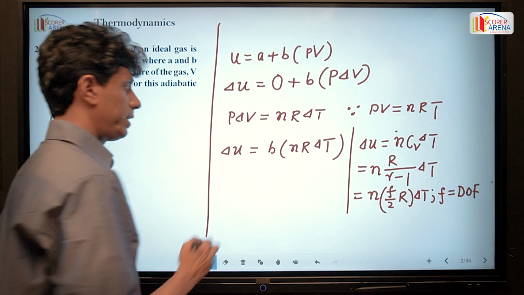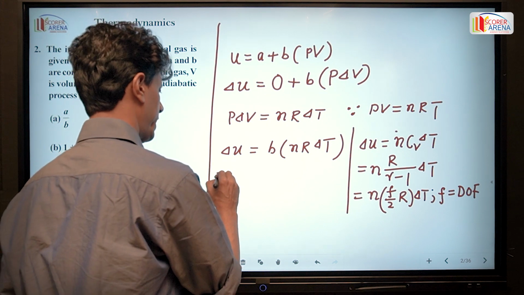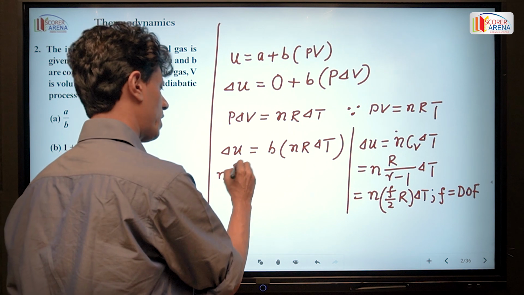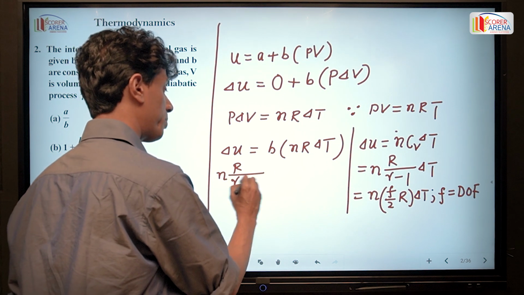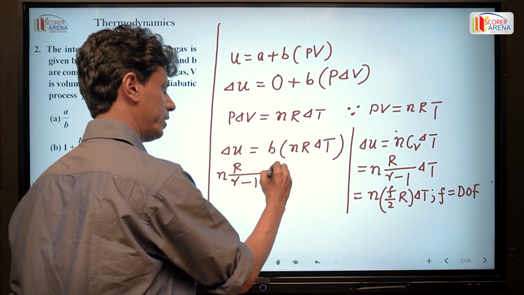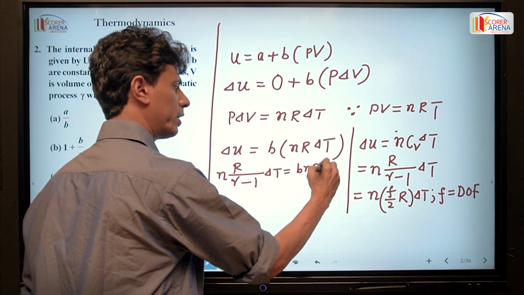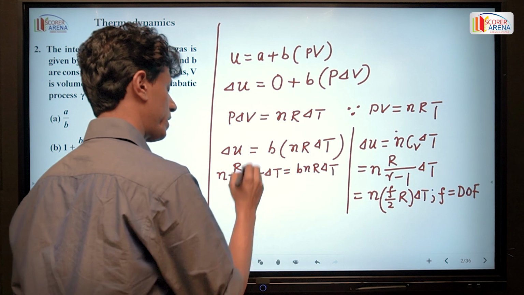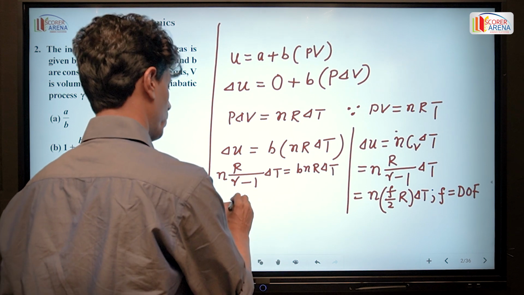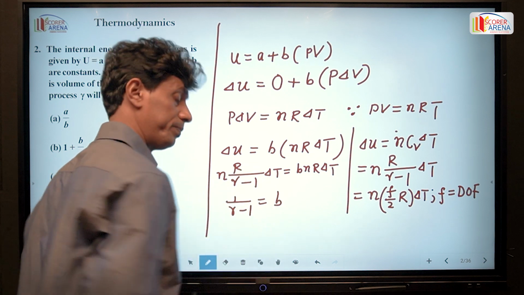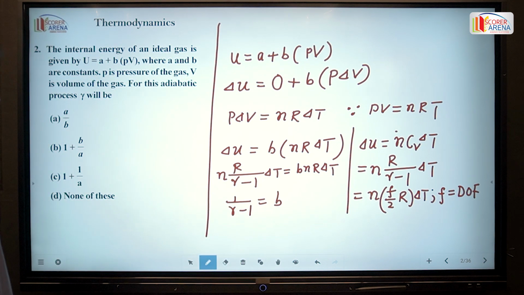So del U is equal to n R by gamma minus 1 del T, so b n R del T. So by simple calculation, 1 by gamma minus 1 is equal to b.